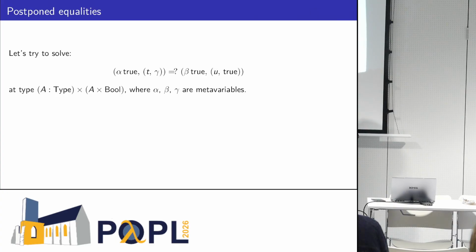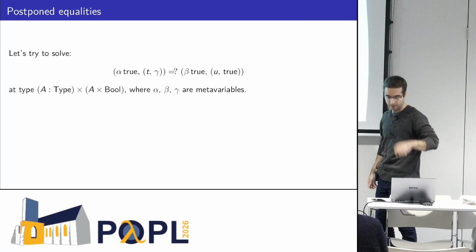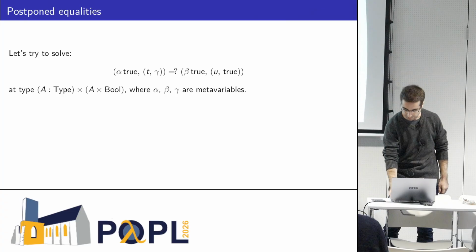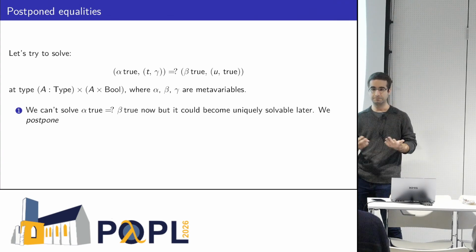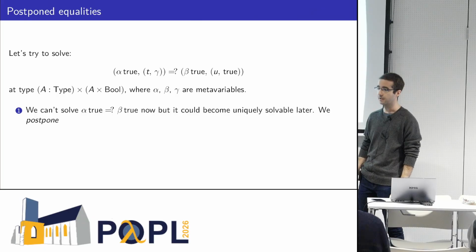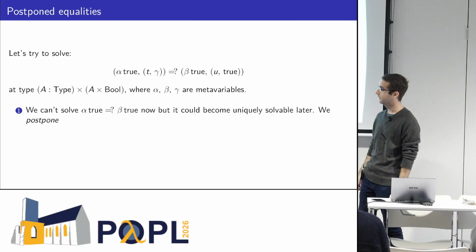You can see that we have alpha being applied to true, which means this alpha meta variable is a function, and then t and some gamma, and then beta true and u true on the right hand side. We try to unify this, and naturally we do unification structurally.